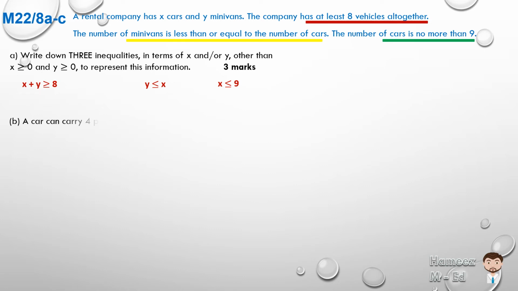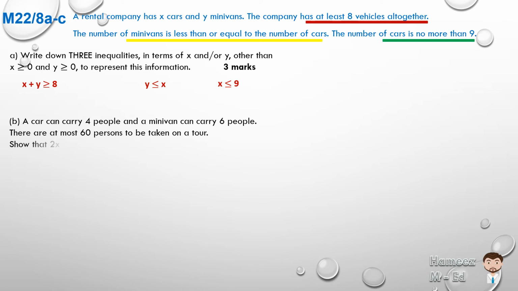Part B. A car can carry 4 people and a minivan can carry 6 people. There are at most 60 persons to be taken on a tour. Show that 2x plus 3y is less than or equal to 30. Let's consider how many people can be carried by cars. It will be x number of cars multiplied by 4, so that's 4x. And for the minivans, it will be 6y.